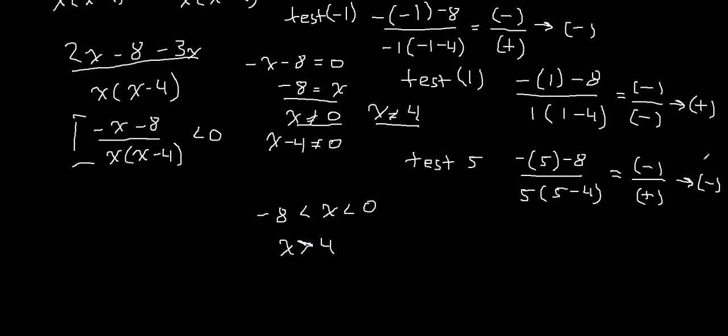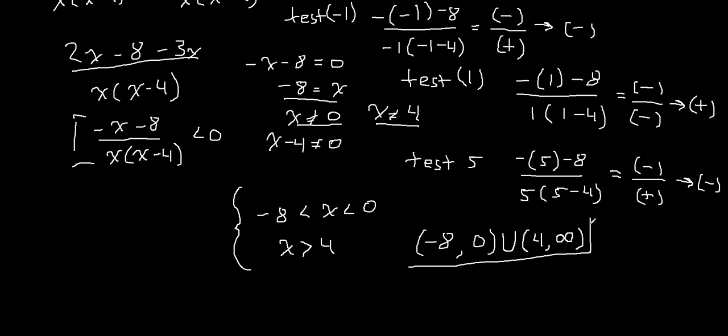So in interval notation, this could be from negative 8 to 0, but not inclusive, so use parentheses to show that negative 8 and 0 are not included. And this is a union with x greater than 4, so your minimum is 4, and this goes to positive infinity. And that is your answer. Hope you learned something. Thank you.